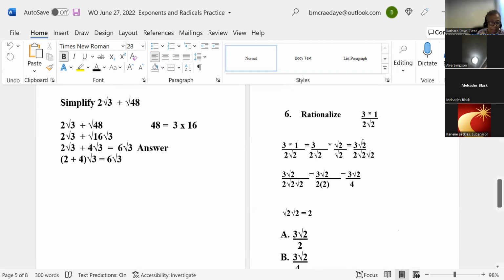The denominator has square root of 2, so you multiply both by that radical 2. 3 times radical 2 over 2 times radical 2 times radical 2. That's how you got the 4, because radical 2 times radical 2 is 2, and 2 times 2 is 4.